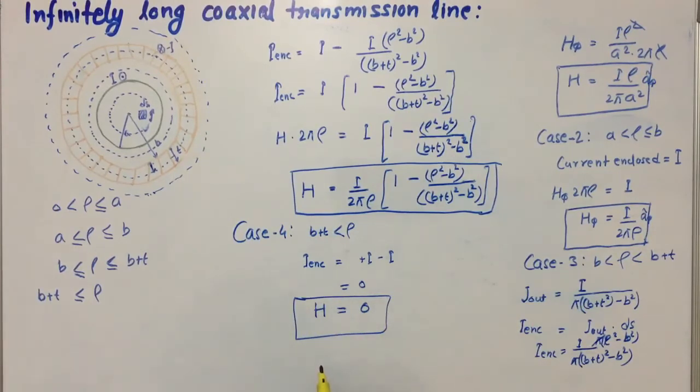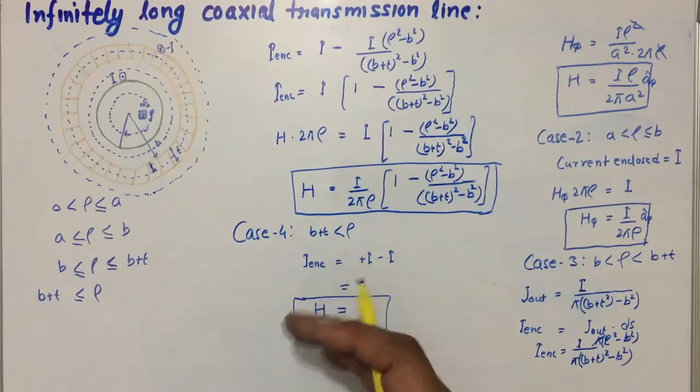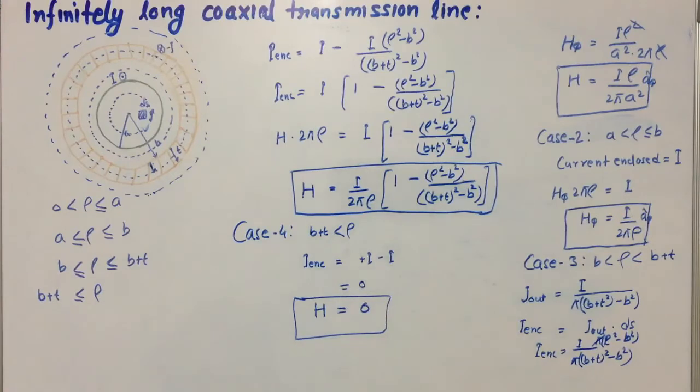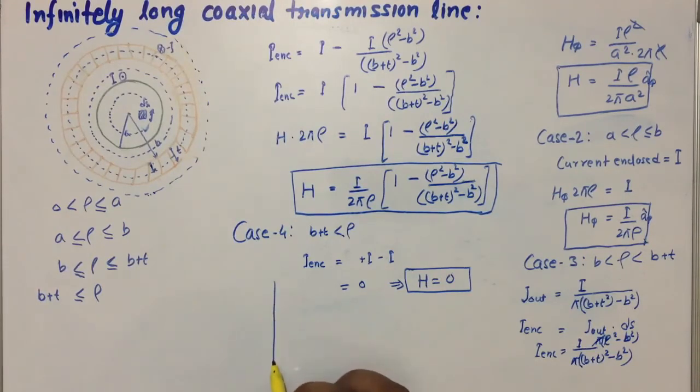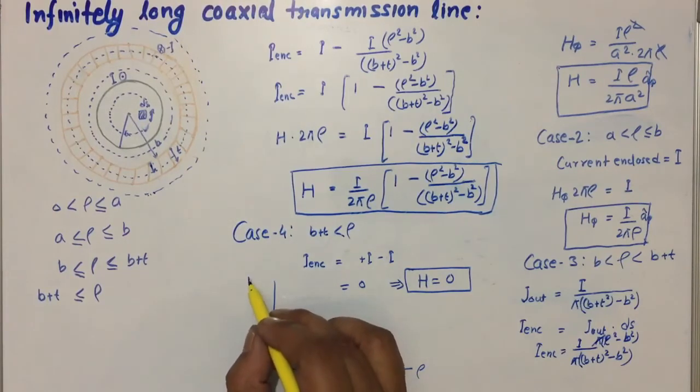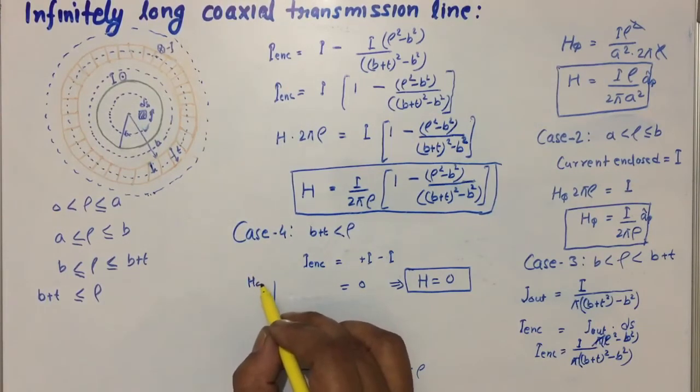This is one of the advantages of that. If the field outside is 0, the radio interference will not be there. Now if we sketch the magnetic field intensity in terms of rho, this is rho and this is the magnetic field intensity. It is in the direction of phi.